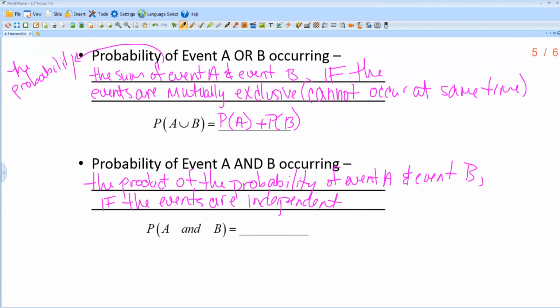And what we're talking about when we're saying that they're independent is that neither of them causes each other. So the way that this is written is the probability of A and B. It's also like that intersection symbol. And again, this can be found by doing the probability of A times the probability of B.